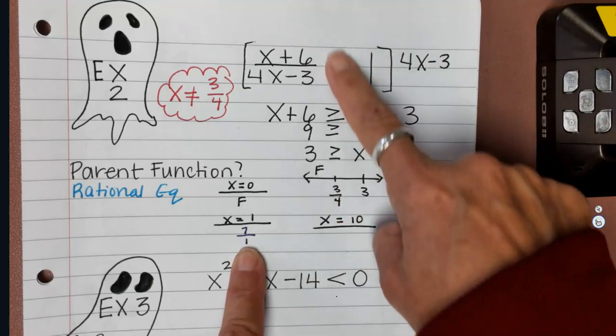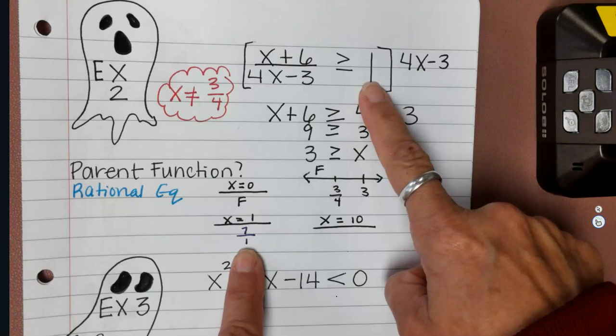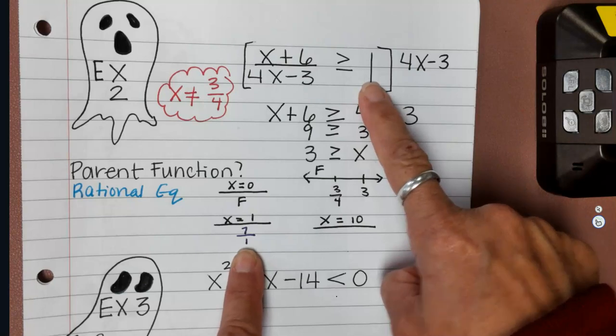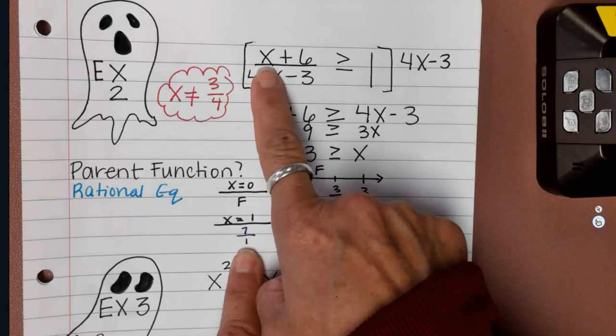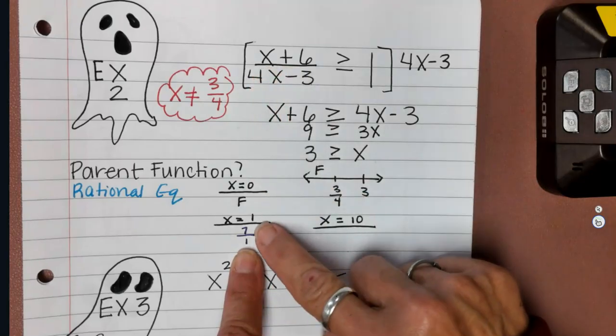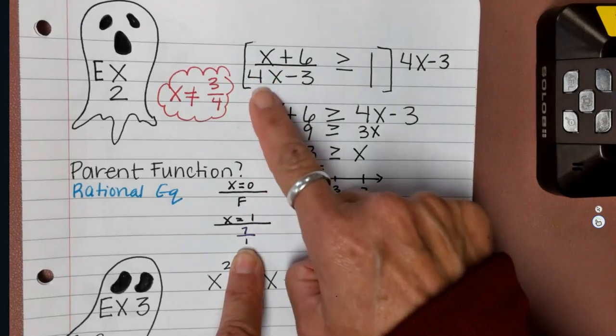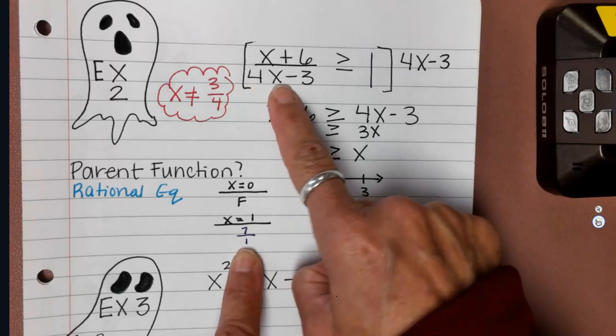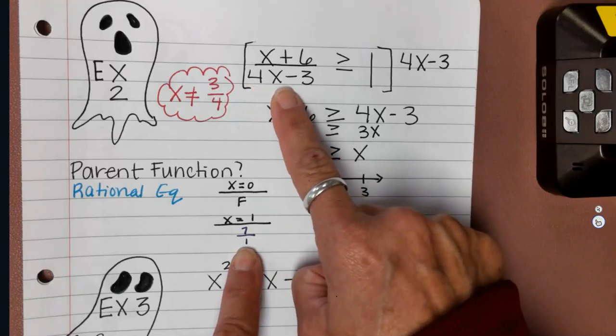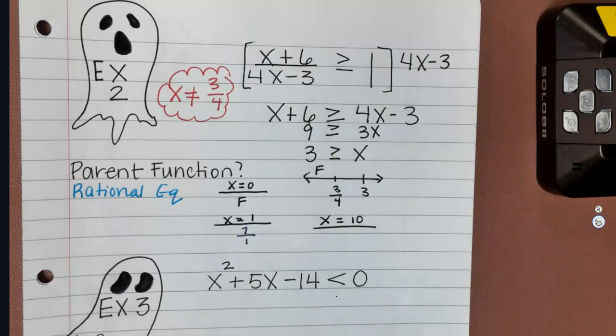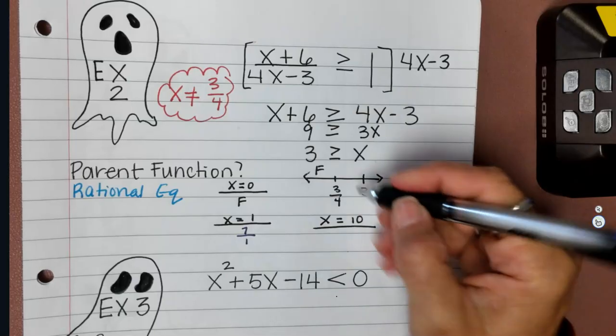This is true. So plug in 1. 1 plus 6 is the numerator. Plug in 1 down here. 4 times 1 is 4. 4 minus 3 is 1. Is 7 greater than or equal to 1? Okay. Then this is true.